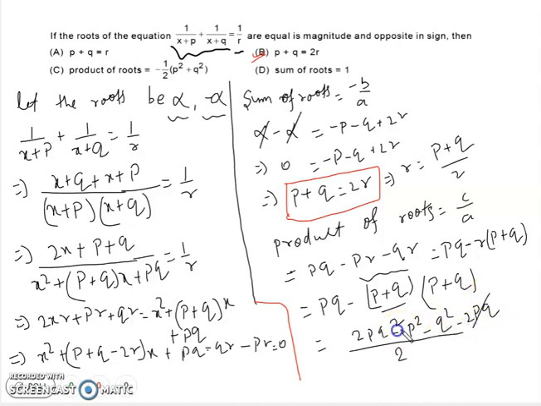So this and this term will cancel out, and you get minus 1 by 2 into p square plus q square, which is equal to the product of roots. So option C is also a correct answer, guys.